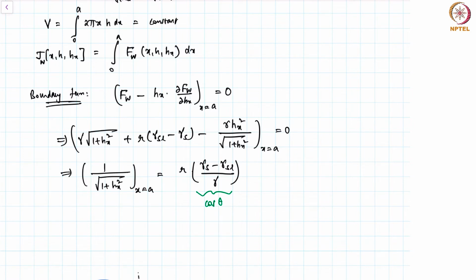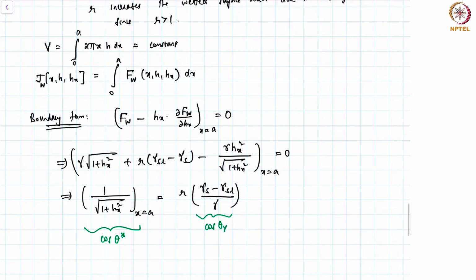This is the cosine of the Young's angle, theta y, and this quantity essentially becomes cosine of theta star. Why is it theta star? Because if you locally look at the angle, you have this rough surface here, and you have a droplet that is making an angle of theta star.